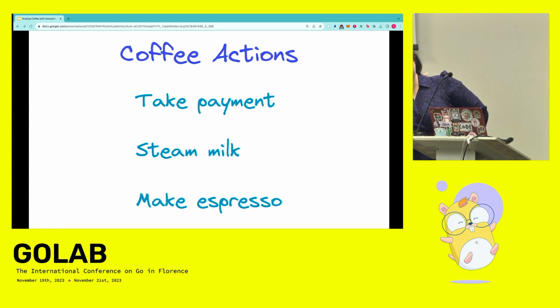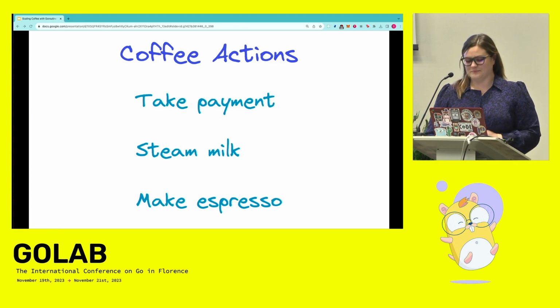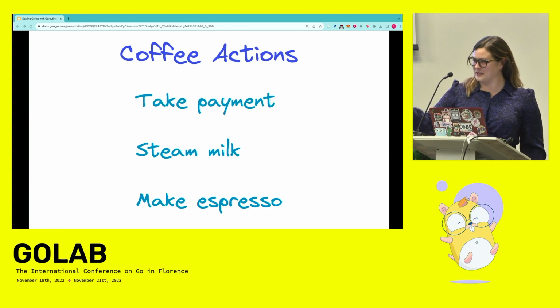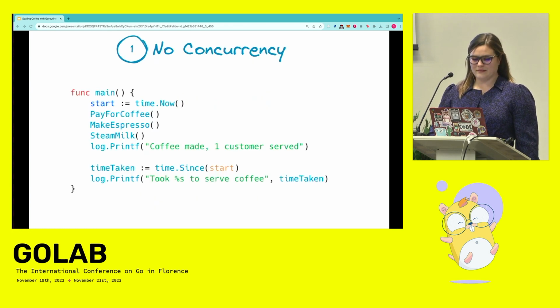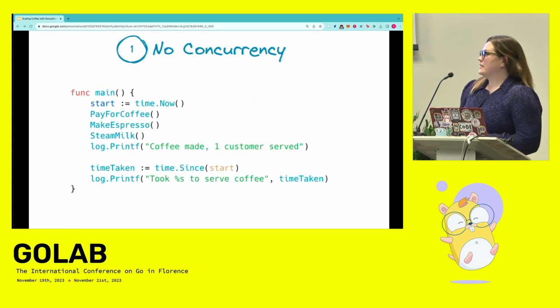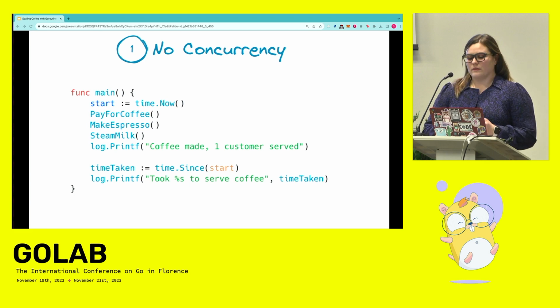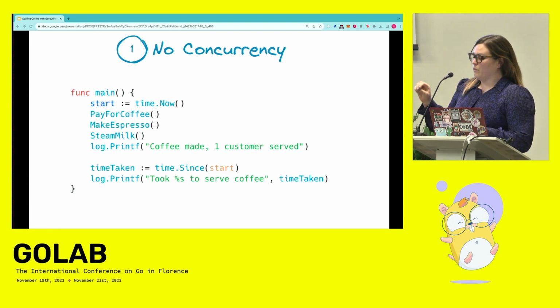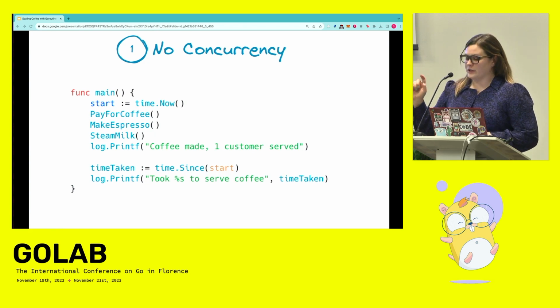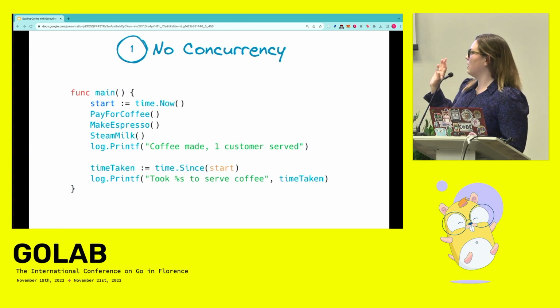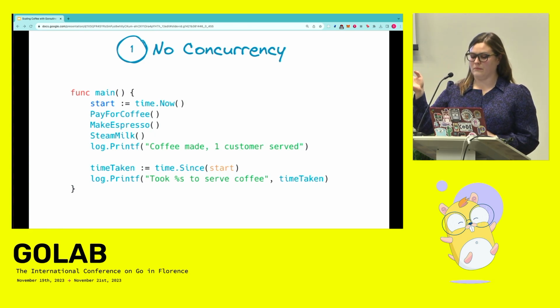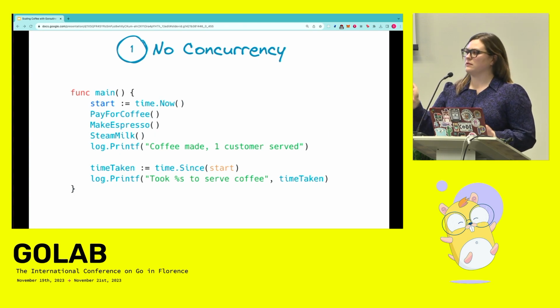Okay, so we're gonna write this in code. So we've hired Daniel. He's gonna be our first coffee shop employee. So let's imagine this in code, right? We have 3 functions for each of these actions, and we're going to run them one at a time inside our main function. There's also this log that tells us how much time this code takes to produce based on the start time as well, and that'll print out.